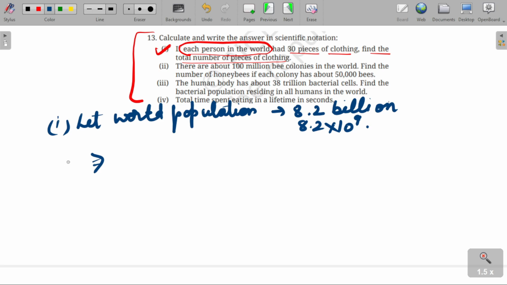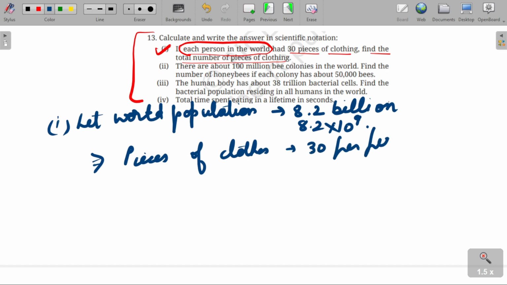Pieces of clothes is 30 per person. They are asking for the total number of pieces of clothing, so you will multiply 8.2 billion with 30.